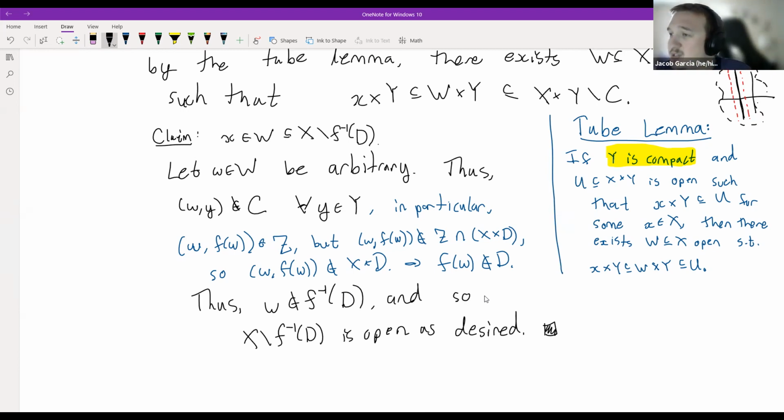Any questions, comments, concerns, or complaints? So I guess I'm going to assign as homework, prove the tube lemma. Okay. It's not as hard as you think.